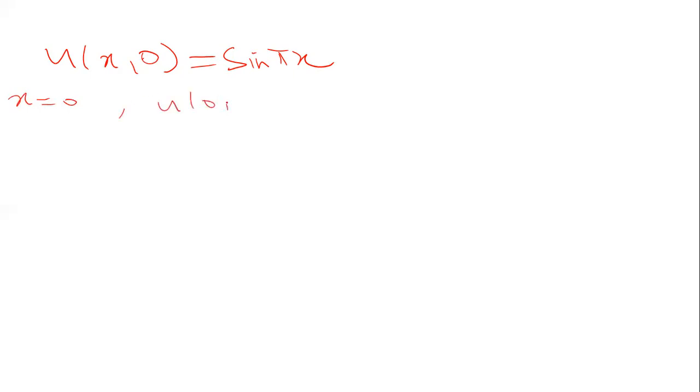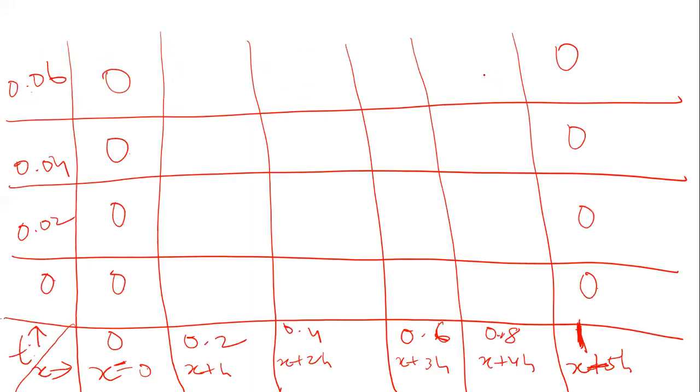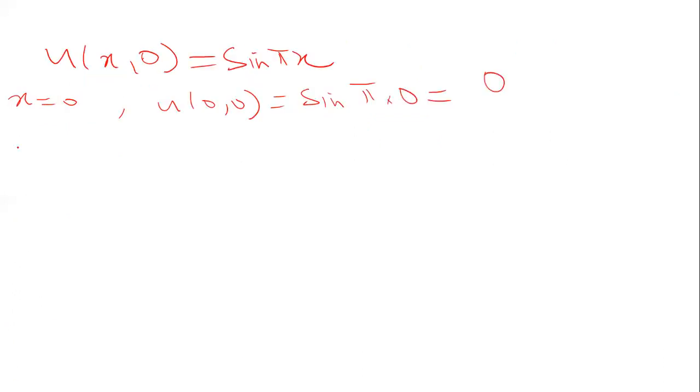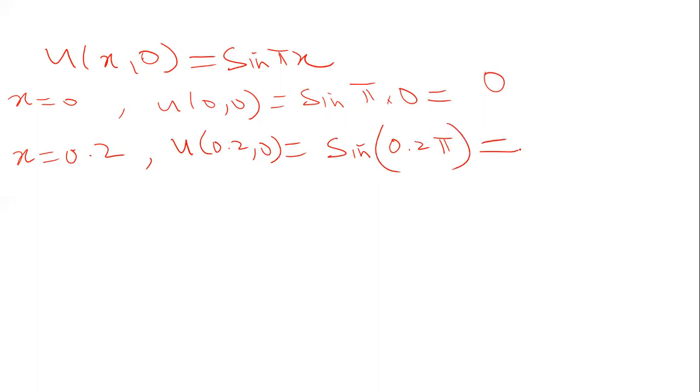So u(0, 0) will be sine pi into 0, which is sine 0, which is 0. Now what is the next x? The next value of x is 0.2. So at x equal to 0.2, u(0.2, 0) will be sine 0.2 pi.